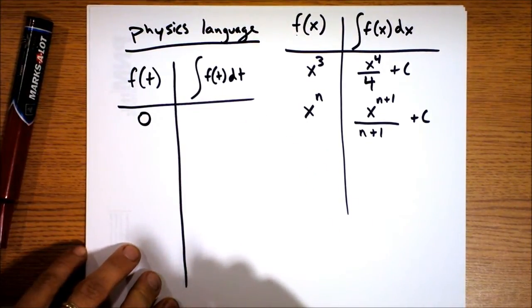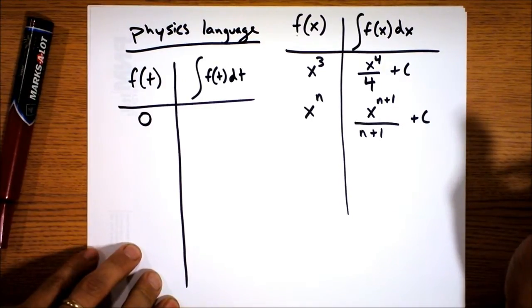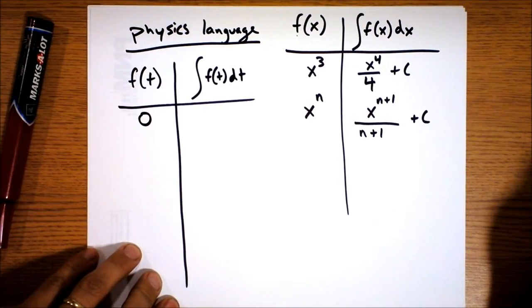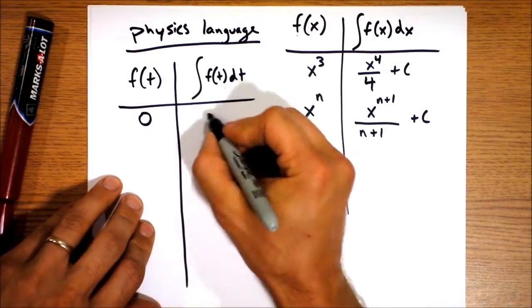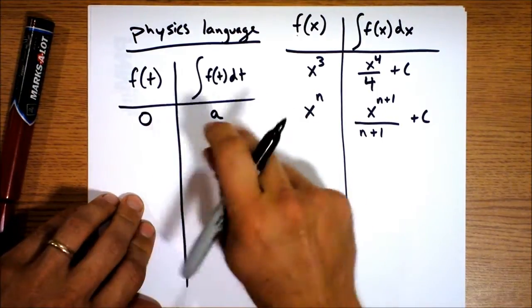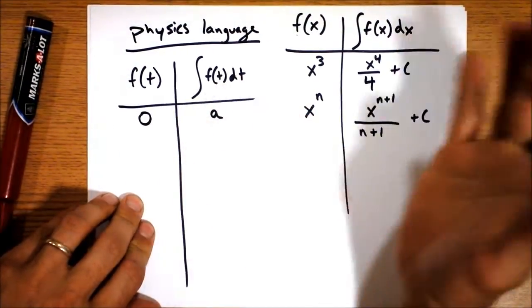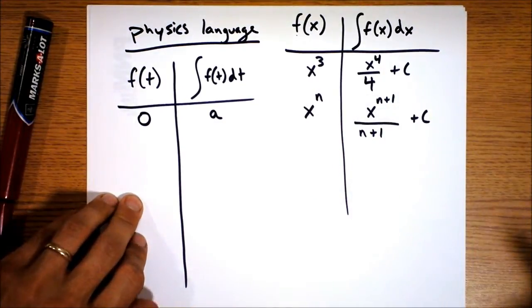Instead of calling these constants c, I'm going to call them, I don't know, a, v, and t. So the integral of 0, first of all, is a constant, which I'll just call a. It's not any of the variables that we're using here. I'm just going to label it a. I can call it what I want. I can call it b, right? Couldn't I call it b?